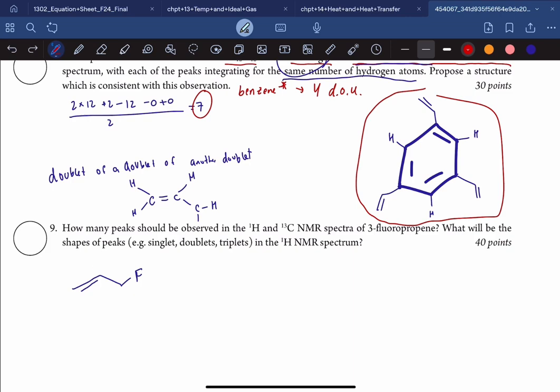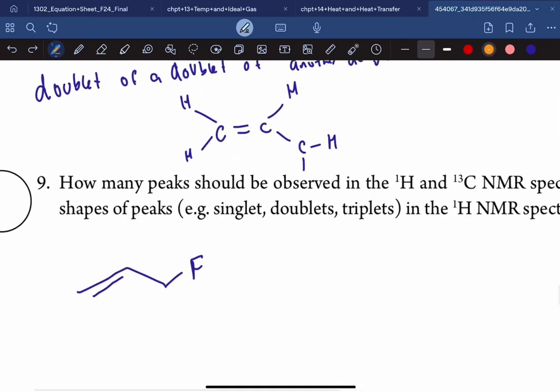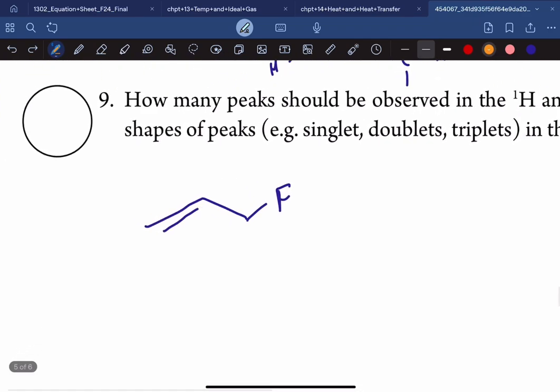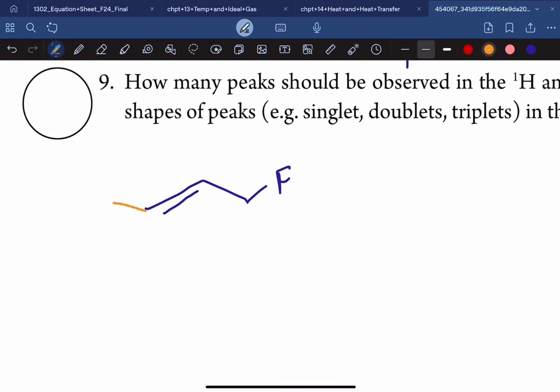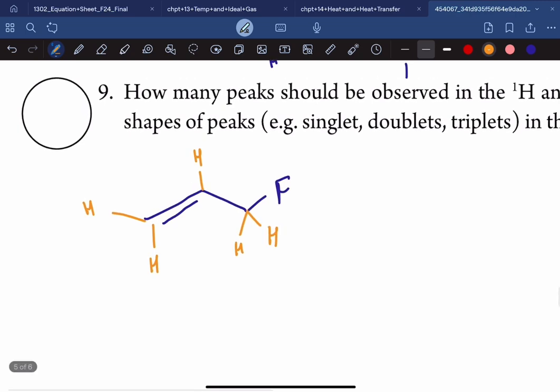Then all you have to do is draw in all your hydrogens and label them as new or different. This has an H here and an H here. This has one H here, and then this has an H here and an H here. Would these be the same or different? These two would be the same, since they can rotate and flip.